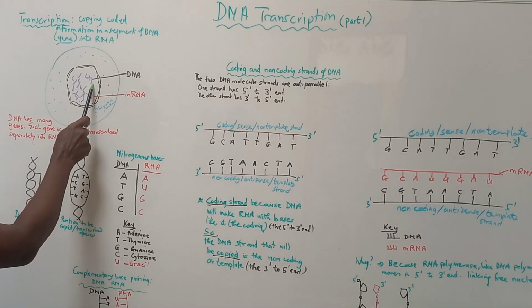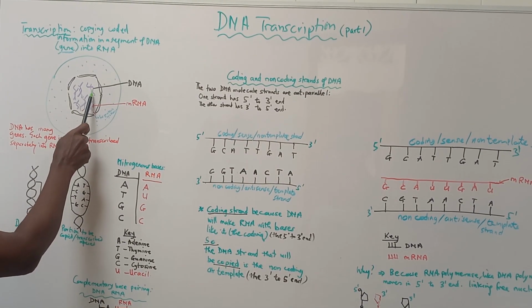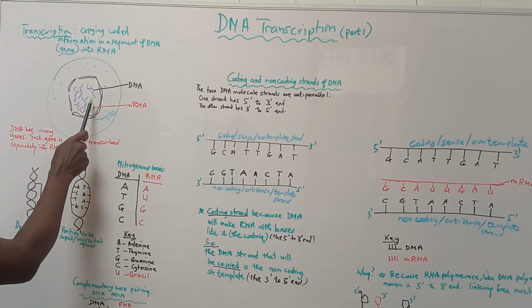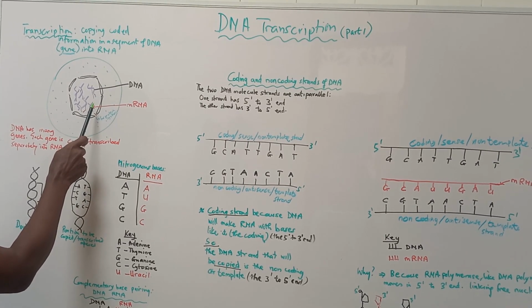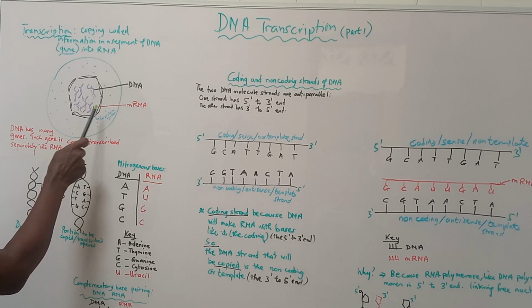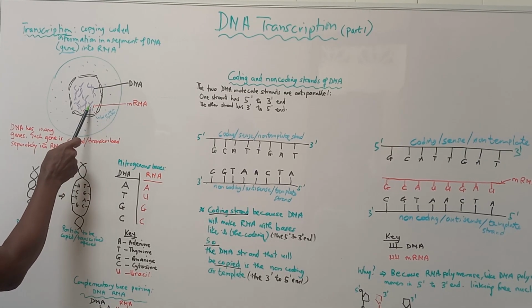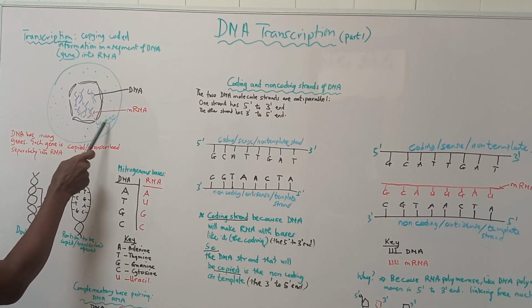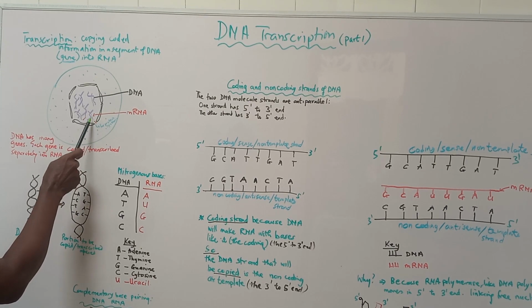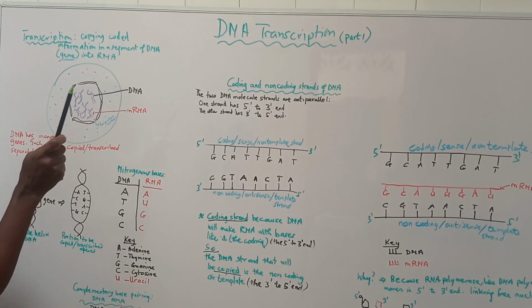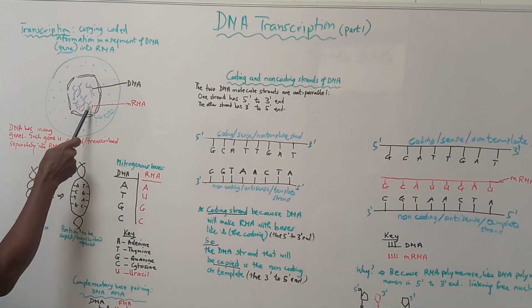Here is DNA, very large, containing a lot of genes, and the genes determine the proteins that should be made. This DNA can't go out of the nucleus, and so it puts its information into RNA.